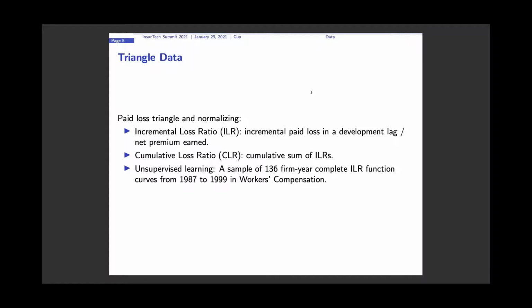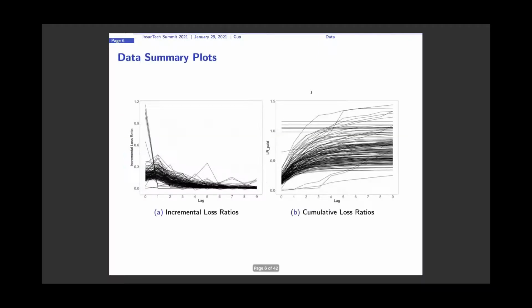Later, while we're developing a loss reserving model, we use a much larger sample in order to train our data and validate, across 1987 to 2010. But here I'm going to show you a sample of 136 function curves.